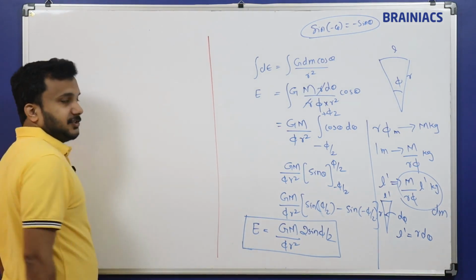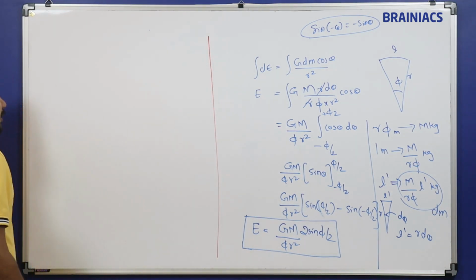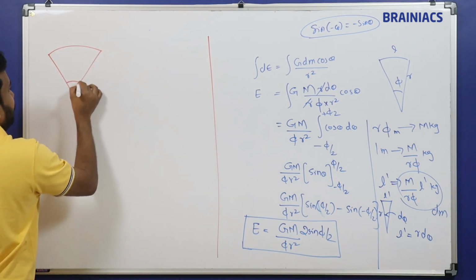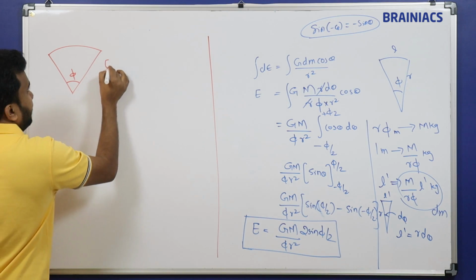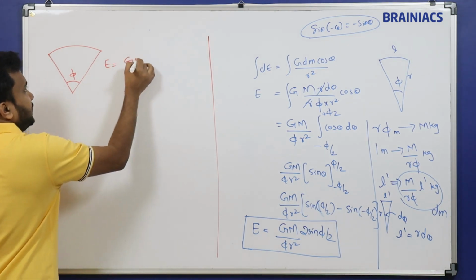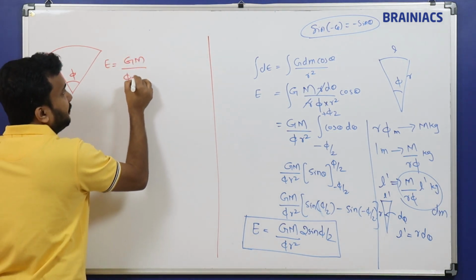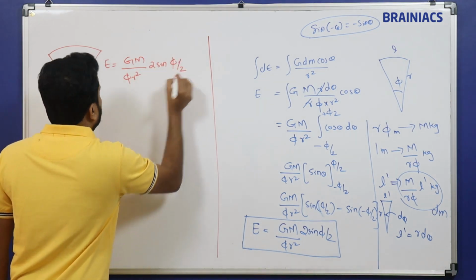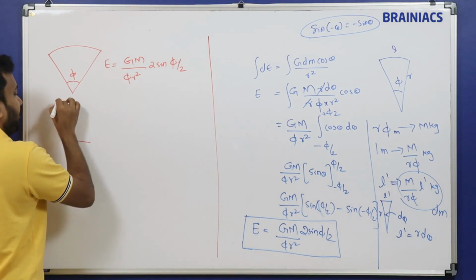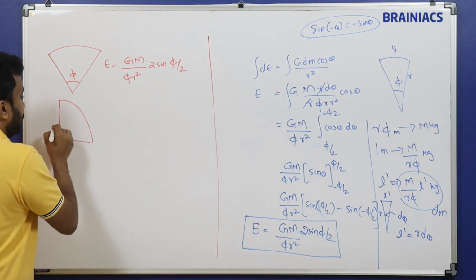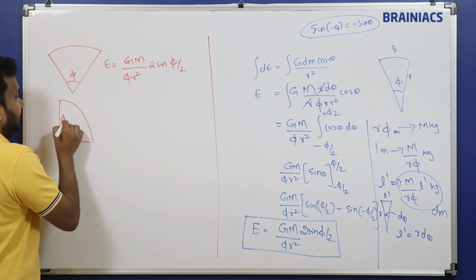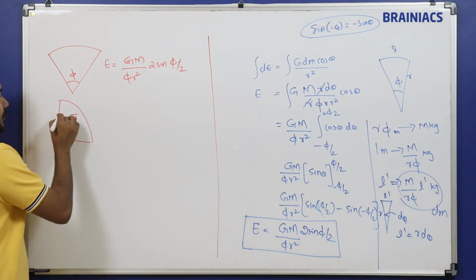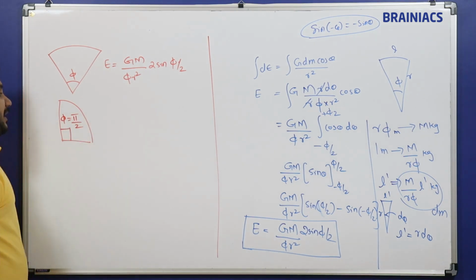Perfectly. Next, what am I going to do? I know for an arc with an angle of φ, the gravitational field intensity is the below equation, GM by φr square into 2 sine of φ by 2. Next, for a quarter circle, I know φ is equal to π by 2, 90 degrees.